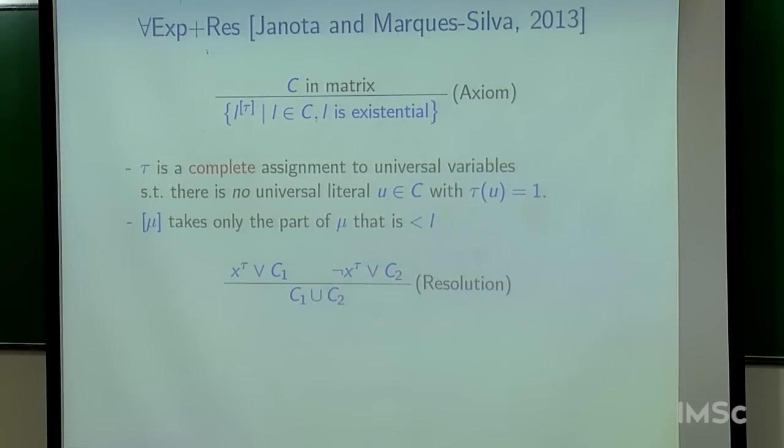So it only takes the part of the assignment that is to the left of it in the prefix for this literal. And we have the resolution rule, but in the resolution we have to have that these annotations match for these variables. So these are fresh variables that occur when we're expanding semantically on the universal literals.